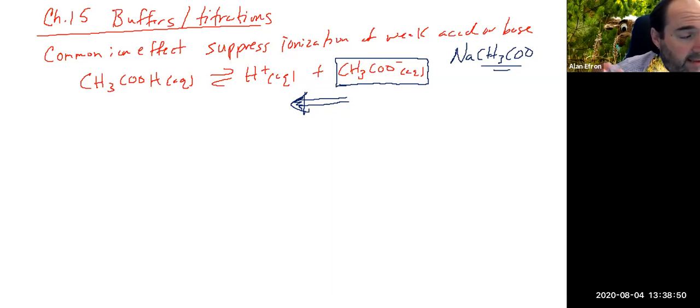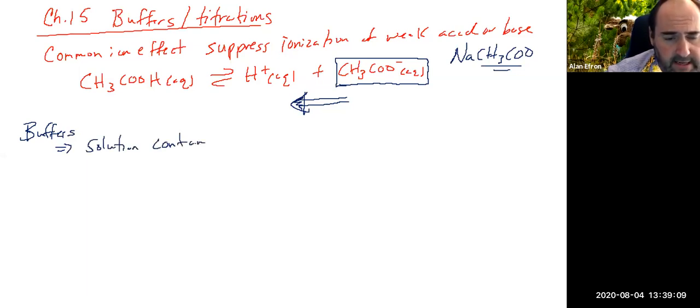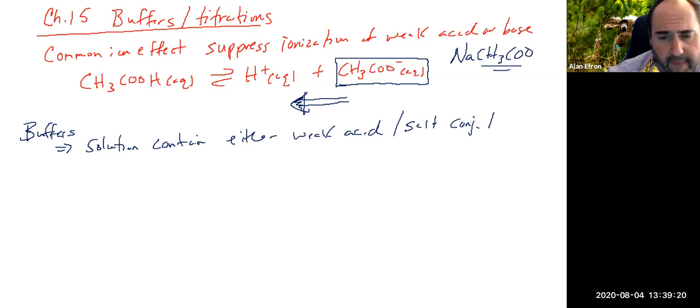A big idea that is pretty much a common ion effect is the idea of buffers. Buffers are solutions that contain a combination of either a weak acid and the salt of its conjugate base, or a weak base and the salt of its conjugate acid.